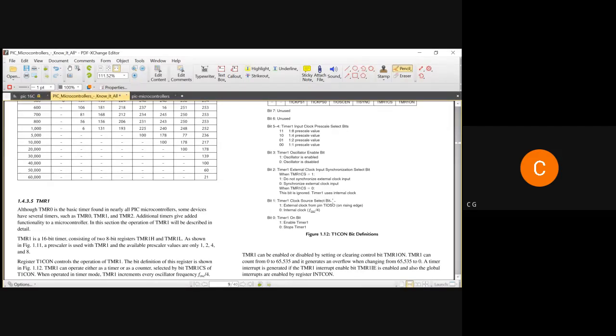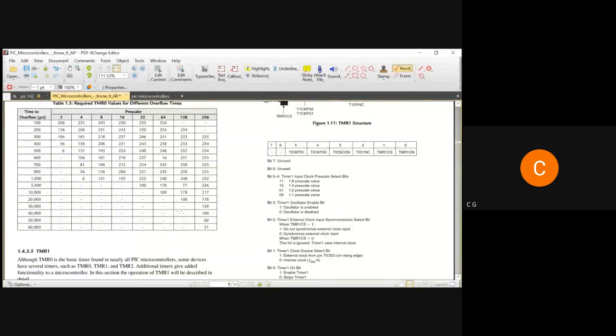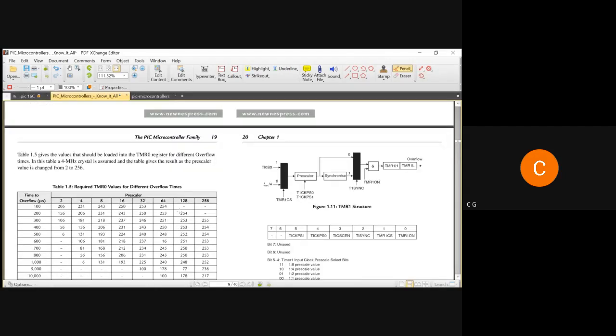TMR1 and TMR2 are different counters. TMR1 has two 8-bit registers, termed TMR1H and TMR1L, so it is a total 16-bit timer but has two parts, high and low, which can be separately configured, and the desired operation can be carried out.